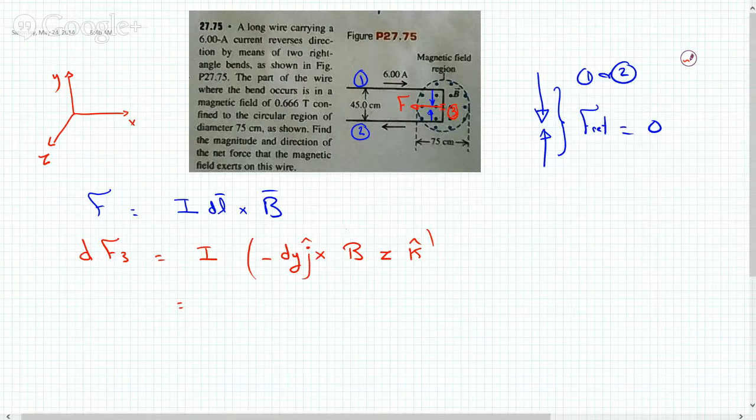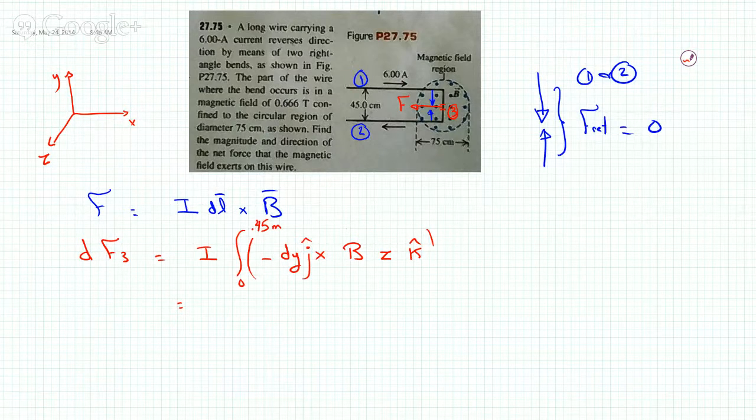And then, of course, if I integrate from 0, where the piece starts, to the length of the piece, which is 0.45 meters, because it's 45 centimeters, I would get the entire force on the entire segment. Now, of course, I is uniform, so I could have pulled it outside the integral.